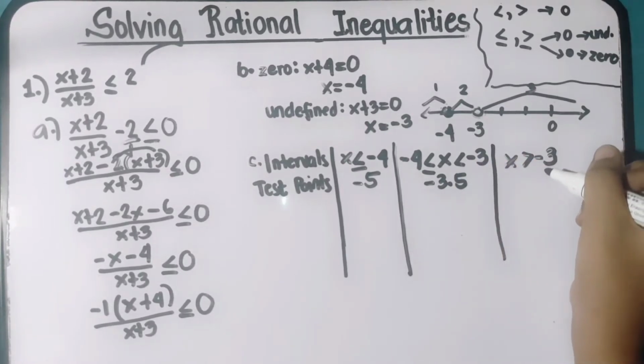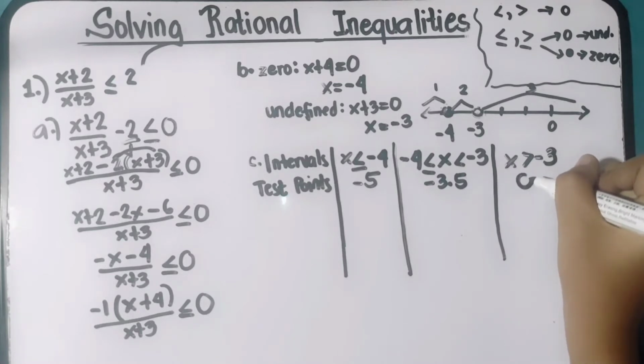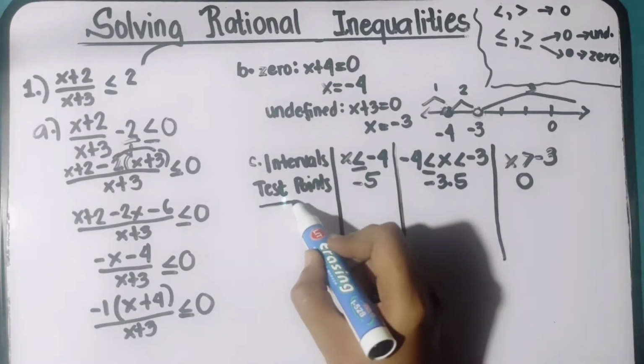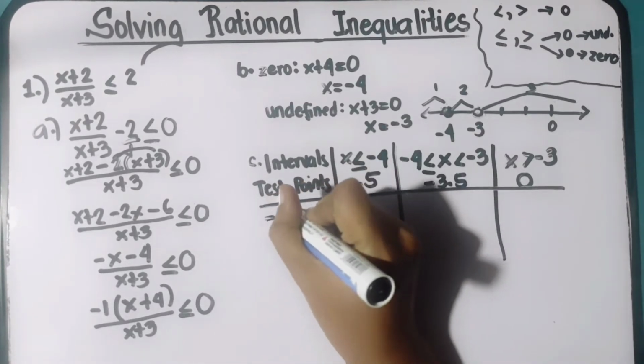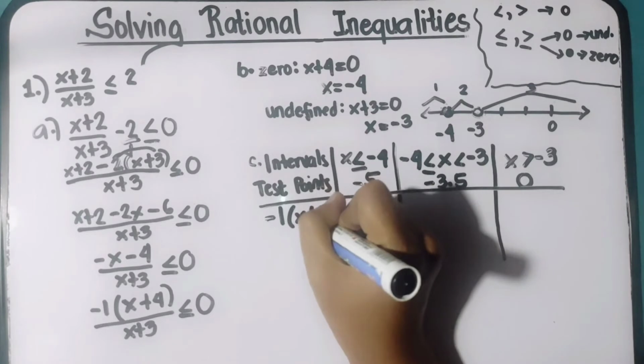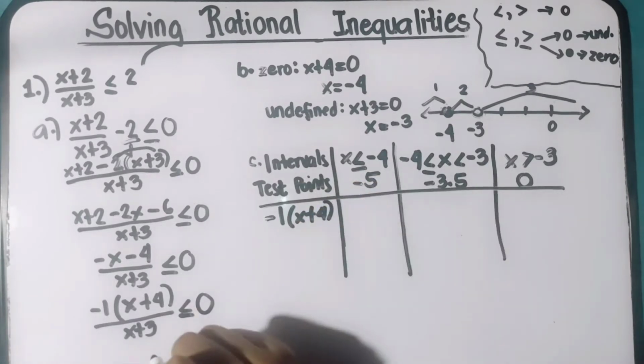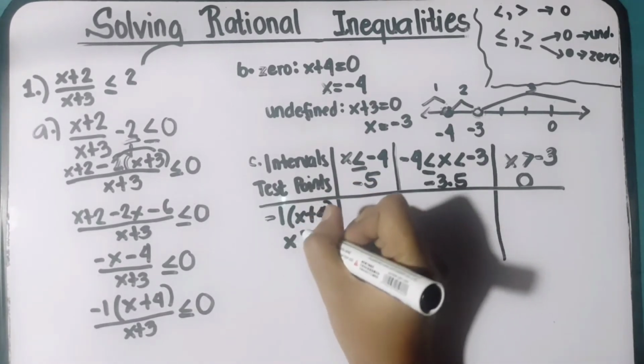And for this area, x greater than -3, let us use x = 0. Then, write all the factors of the numerator and denominator from step A. We have -1 times (x + 4) and x + 3.